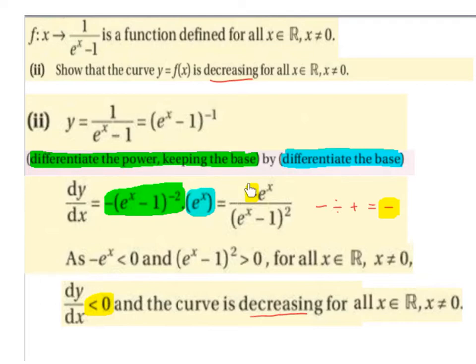So we have a minus divided by a plus gives a minus. So therefore the derivative, no matter what the x value, will be minus. So dy dx, the derivative, is less than 0, so the curve is decreasing. If it had been greater than 0, the curve would be increasing. So minus divided by a plus is a minus, so it's decreasing.